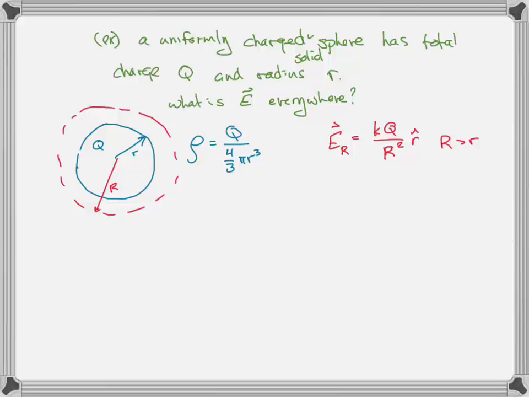Big R greater than little r, inside the sphere. Now this is where we care about the charge density. Inside the sphere at some radius r, which is less than R, that Gaussian surface that I just drew, that imaginary surface at radius r, encloses some amount of charge. How much charge does it enclose?